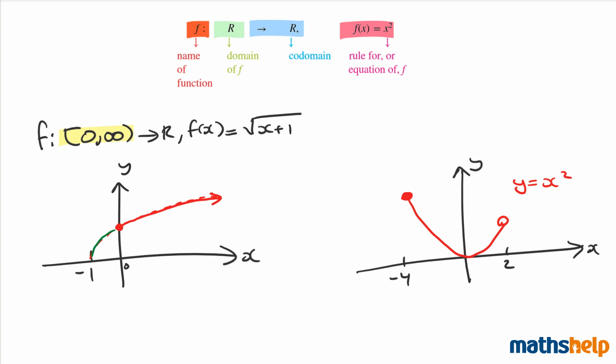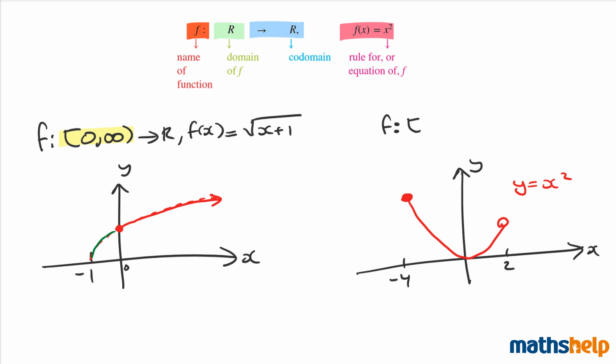If you were asked to write this in function notation, then the way you would write it is you'd say f or g or h, doesn't matter. So the function f is defined in the domain from minus 4 to 2. Minus 4 has a square bracket because it's inclusive, up to 2 because it's not inclusive, and you've got the round bracket, arrow and then R, which means the function outputs a real number, and it has a rule of x squared.